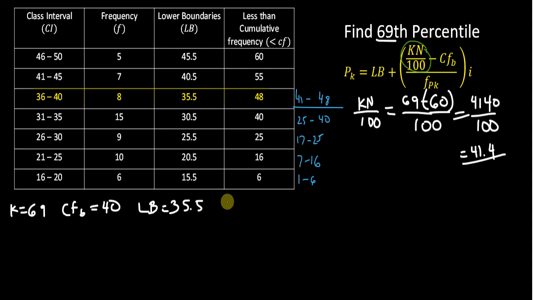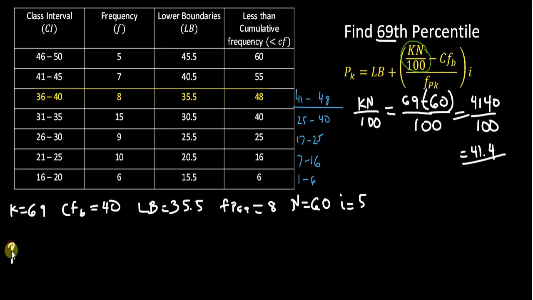Then, frequency of P69, ito yun, 8. Then, yung N natin is 60, yung I plus interval 5. Okay, so substitute lang natin.